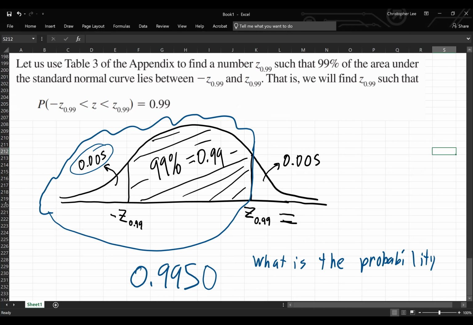But what if we can't figure out that little extra is 0.5? What made you realize it's 0.5? Oh, she told me. You have 99% in the middle, right? And you have two endpoints, right?